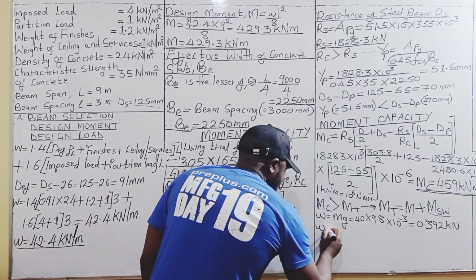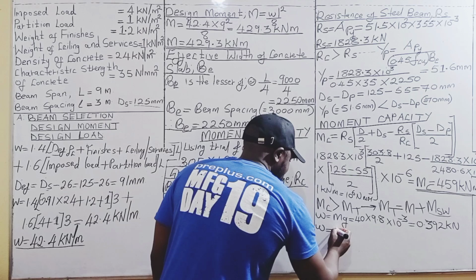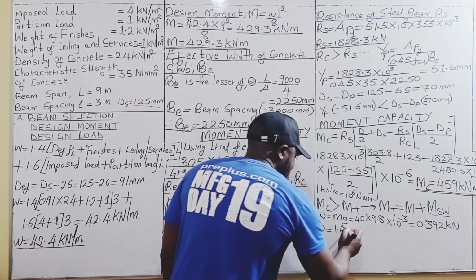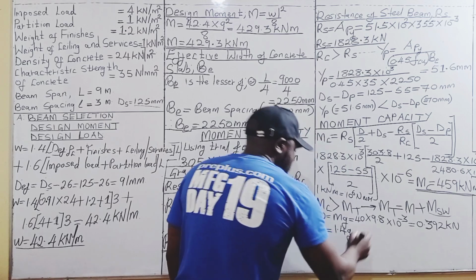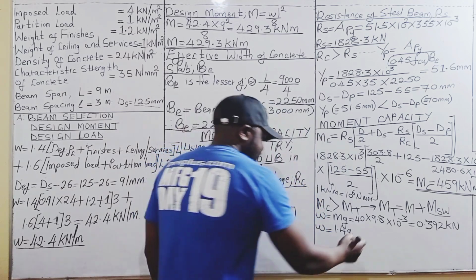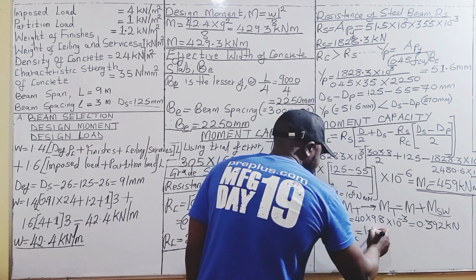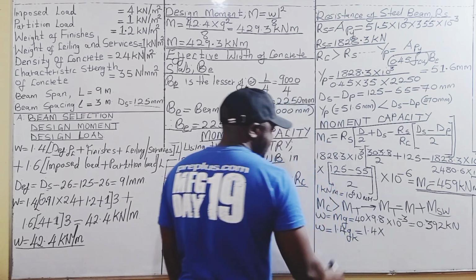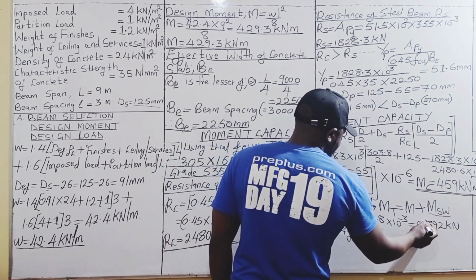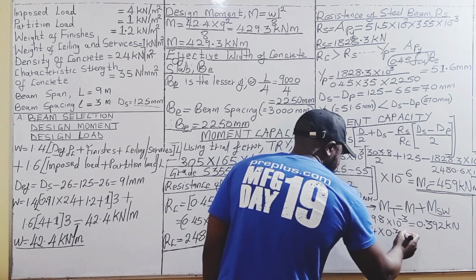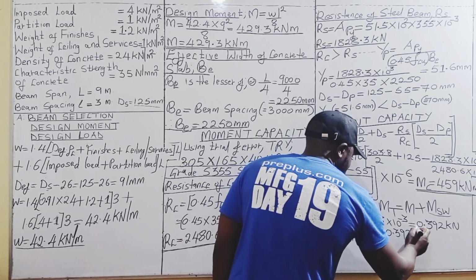GK, remember, dead weight or dead load should be multiplied by 1.4. Therefore, we are going to have 1.4 GK. And the weight is going to be 1.4 multiplied by the dead load, which is GK of 0.392 kilonewtons.